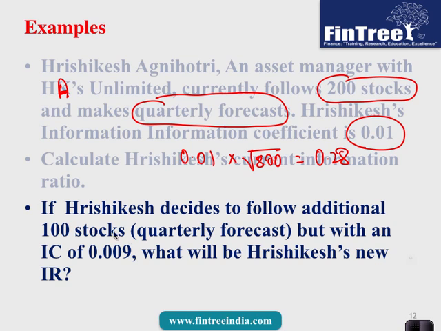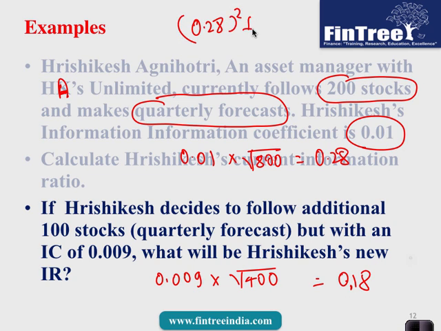Then additional 100 stocks, so that would be 0.009 into root of 400, which is 0.18. And then a combined information ratio: 0.28 square plus 0.18 square under root, 0.33. Should we go ahead now?